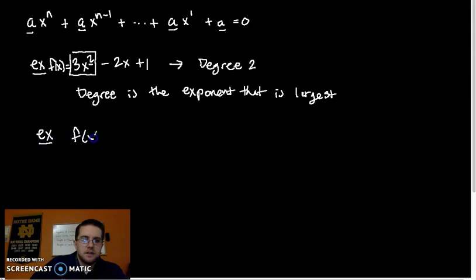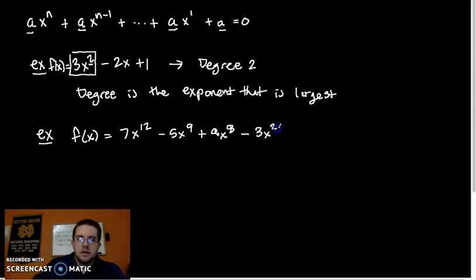If f of x equals 7x to the 12th minus 5x to the 9th plus 8x to the 8th minus 3x squared, then the degree of this one will be 12. Okay, so you're identifying the largest exponent in your polynomial, and you're identifying that as the degree of your polynomial.